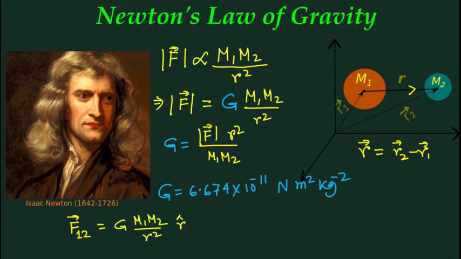The force acting on m2 due to the mass m1 will be in the exactly opposite direction to F12. So F21, that is the force acting on particle 2 due to particle 1, equals minus F12.